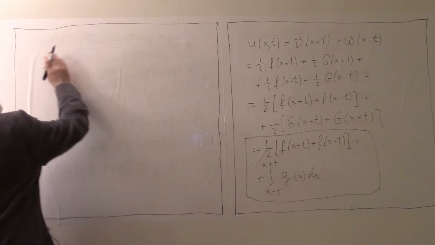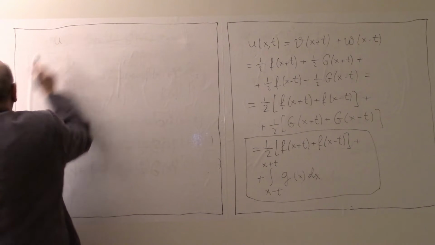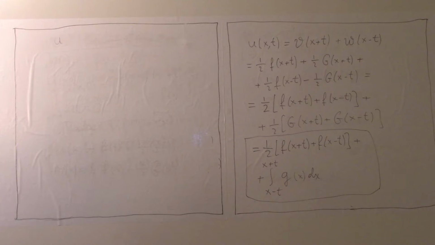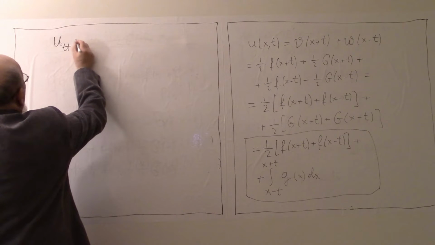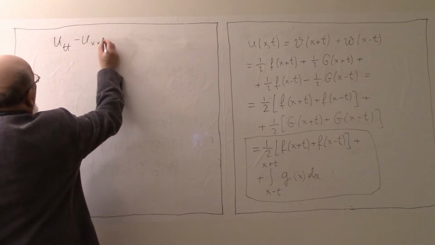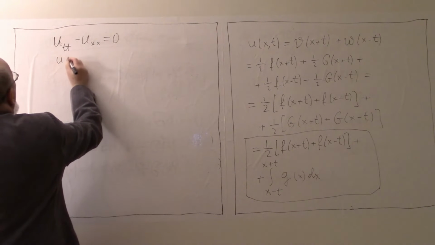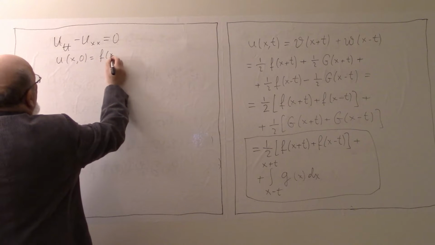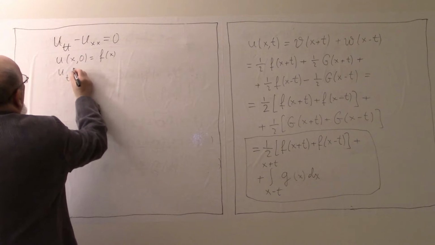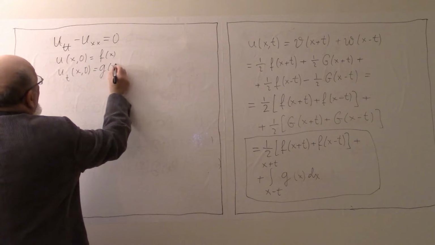So let me write here briefly our equation. One moment, let me take another pen. u_tt minus u_xx equals 0, u of x, 0 equals f of x, u_t of x, 0 equals g of x.